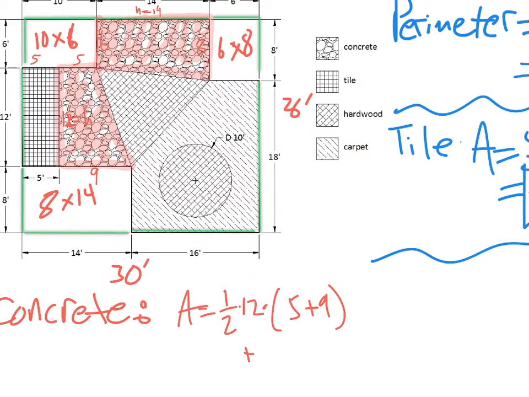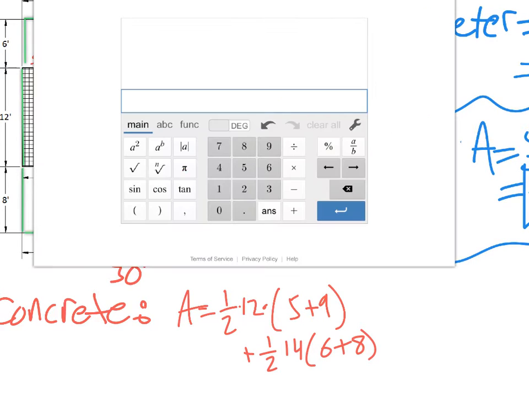All right, so our second trapezoid: we've got a height of 14, and then we've got 6 plus 8. Now we just need our calculator here, which I think I can bring in. So we can type this in our calculator: 1/2 times 12 times 5 plus 9, plus 1/2 times 14 times 6 plus 8.